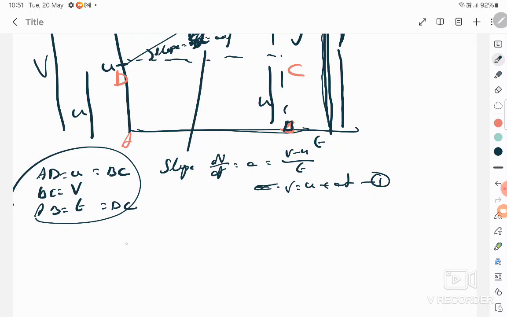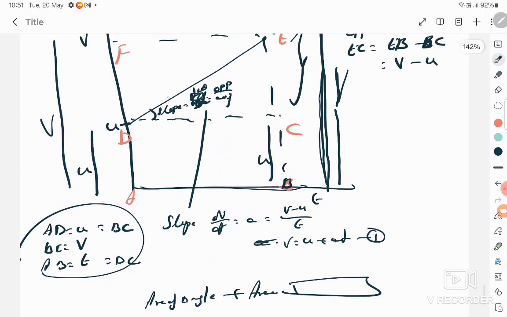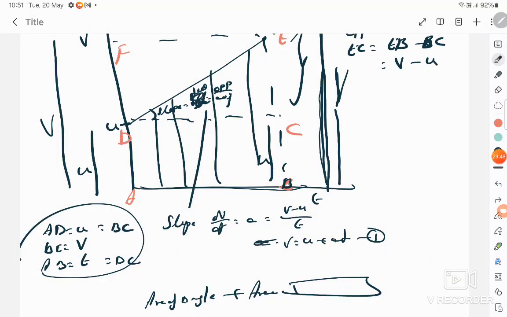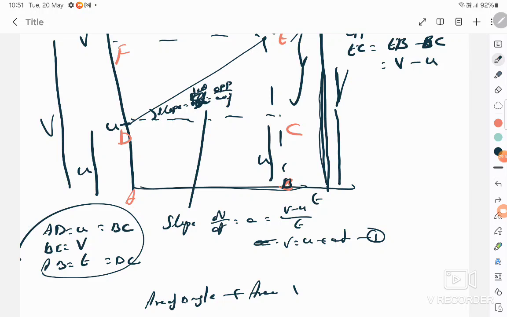To get the second equation of motion, it's the area of the triangle plus the area of the rectangle. Because the area under a velocity time graph gives you displacement. So area under the graph, I told you another name for integration is also area under the graph. So area of the triangle plus area of the rectangle.